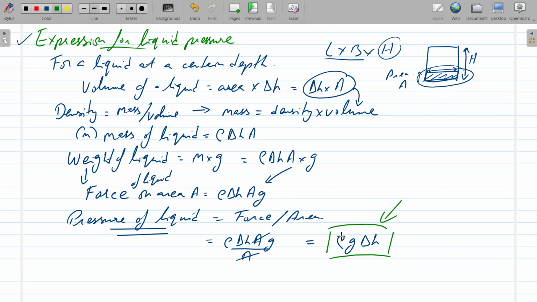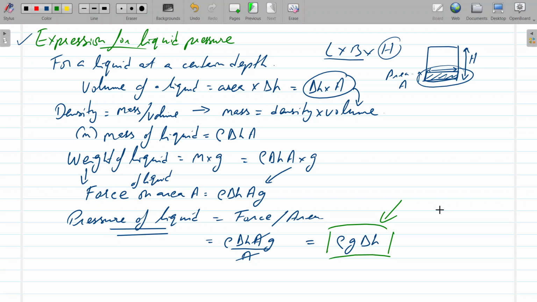Rho gH, where rho is the density, g is the acceleration due to gravity, and H is the height of the column of liquid. So density of liquid, height of column of liquid, and acceleration due to gravity. And we're done. That was interesting, that was fun, wasn't it?